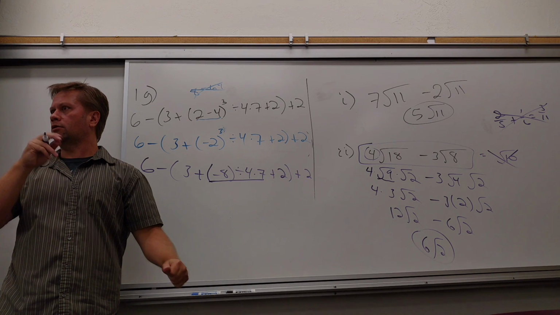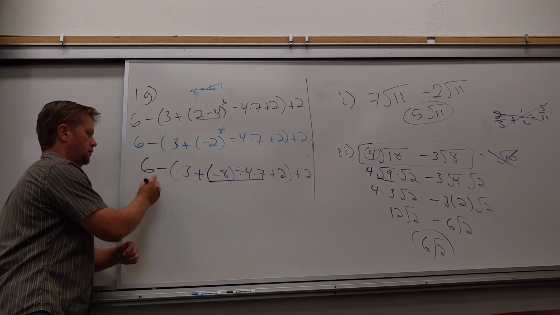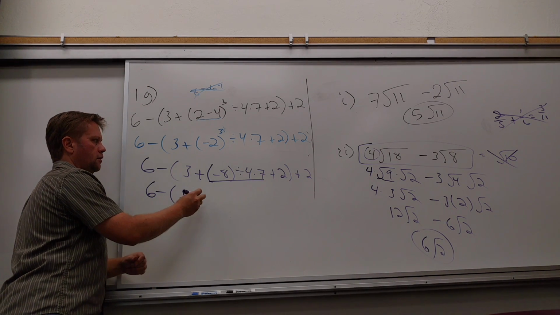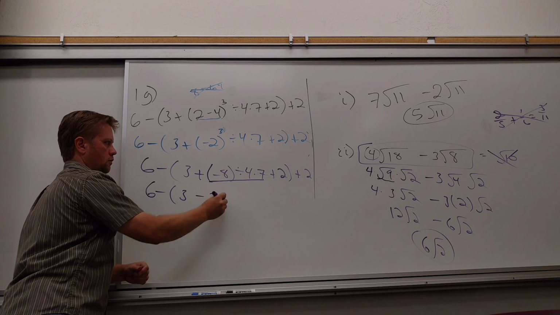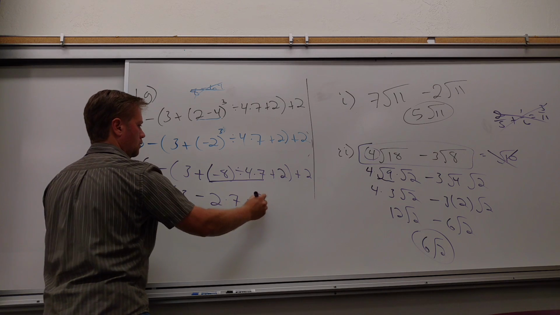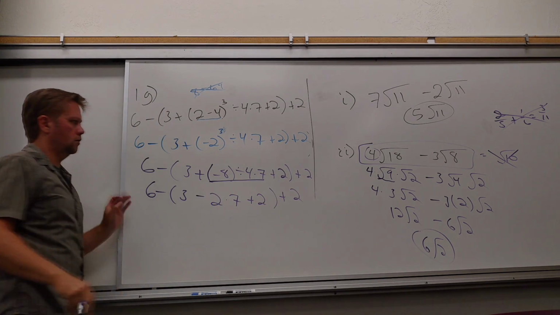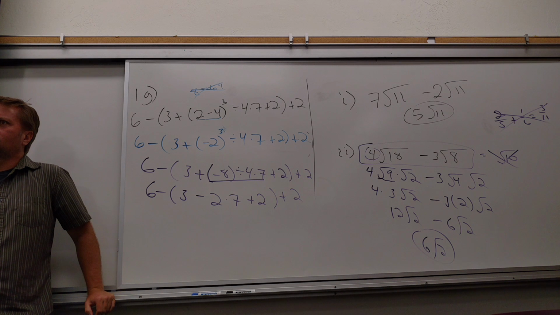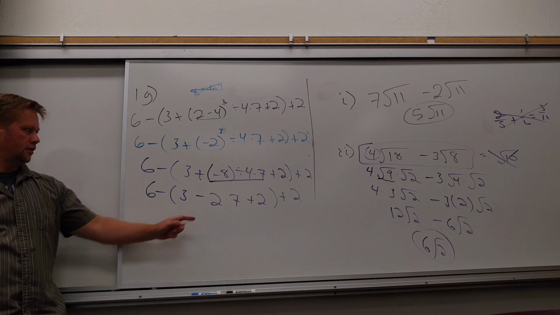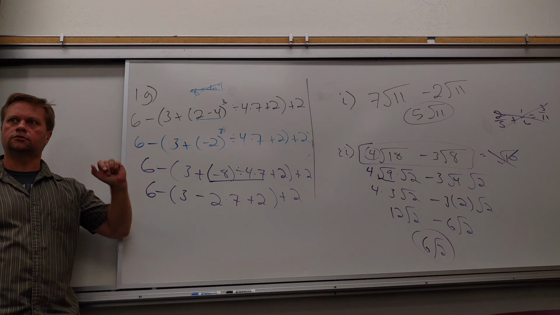So 6 minus 3. What's negative 8 divided by 4? And now what do?